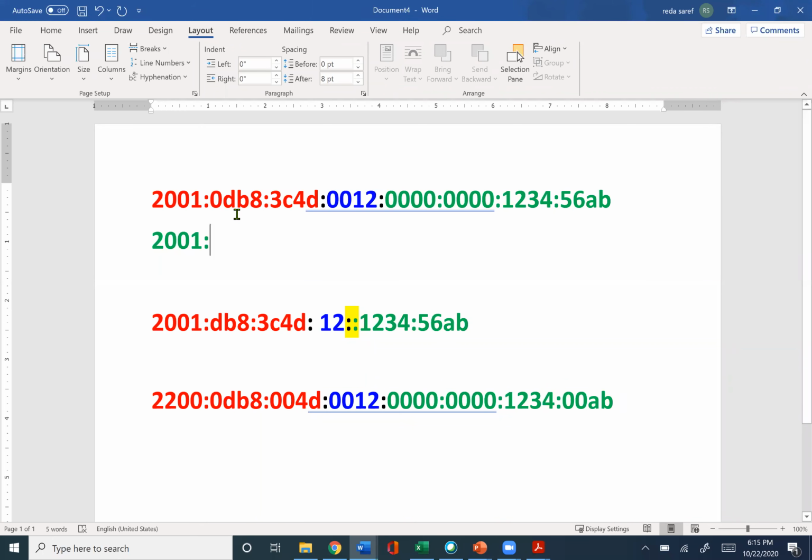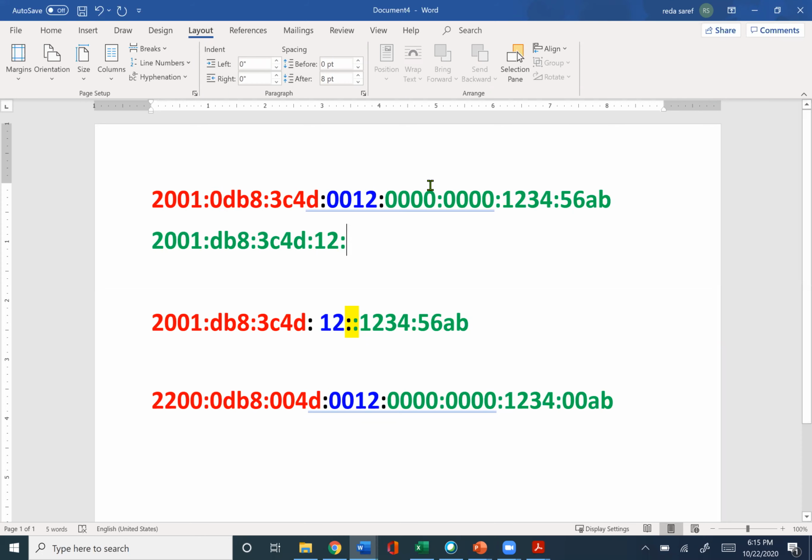Yes, so DB8. We remove the leading zero. We have 3C4D. There are no zeros, it can't be removed, so it stays. 012, do we have a leading zero in there? Yes, so we're going to represent it as 12.